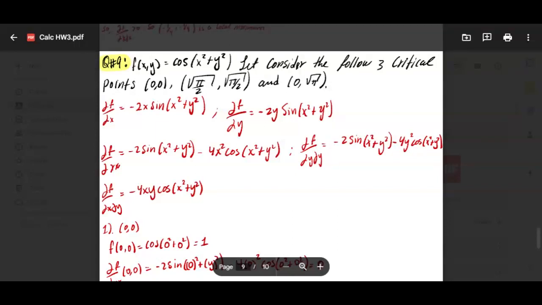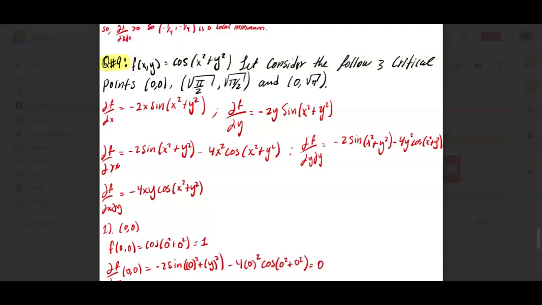Okay, so I'm missing the 2 for the square. Partial squared f. Got it. Partial squared f over partial x squared. All right. Yes. Thank you.